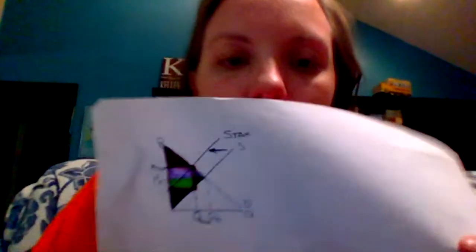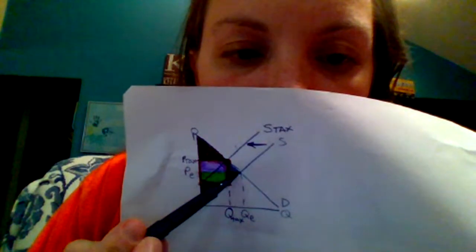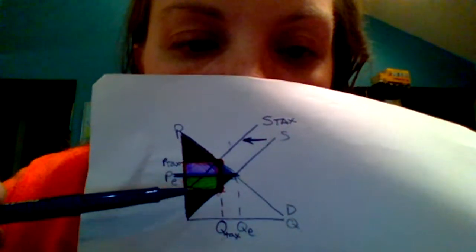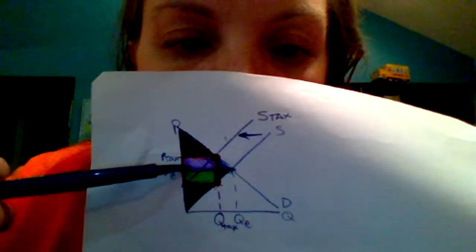Let me get something I can point with. This one. Okay. So my original price is right here. If I draw a line across, I'm going to try and draw a solid line like this. You can see that in mine, the green box is a little bit bigger than the purple box.